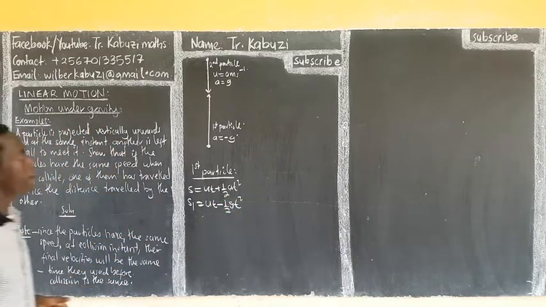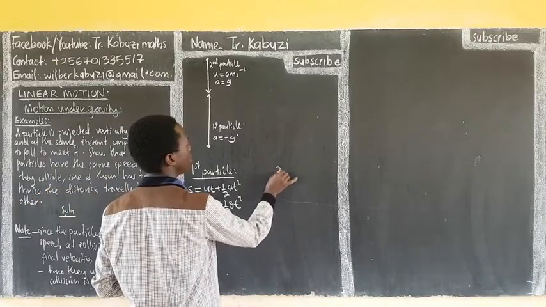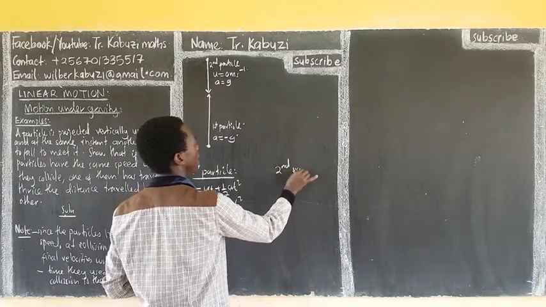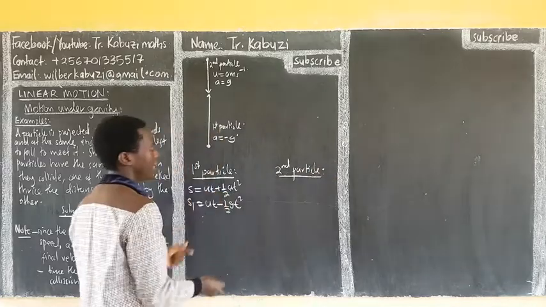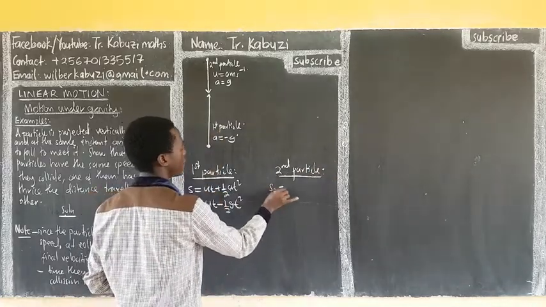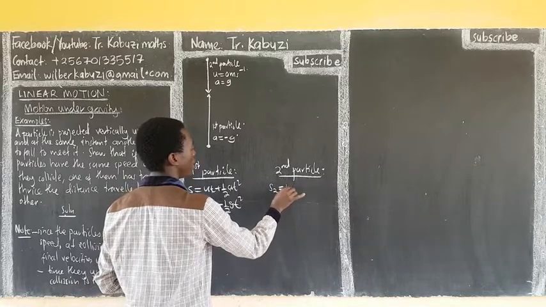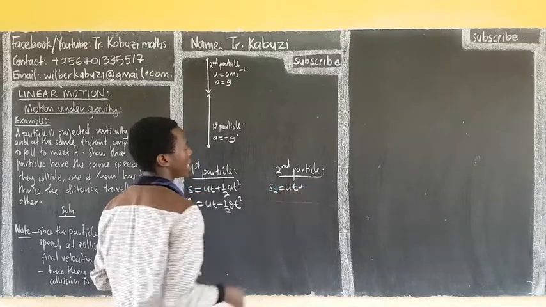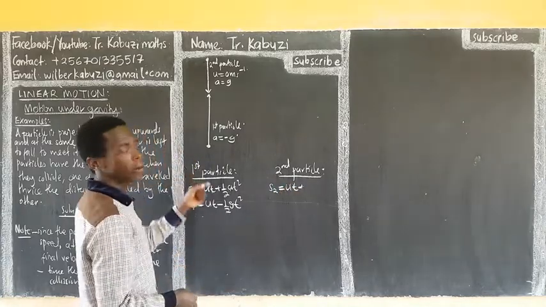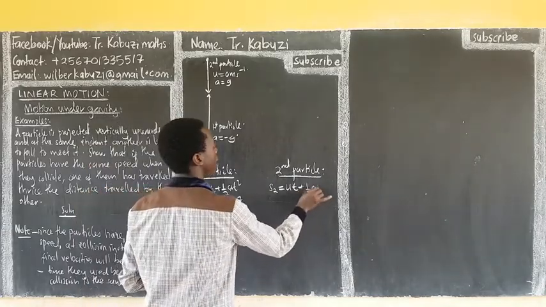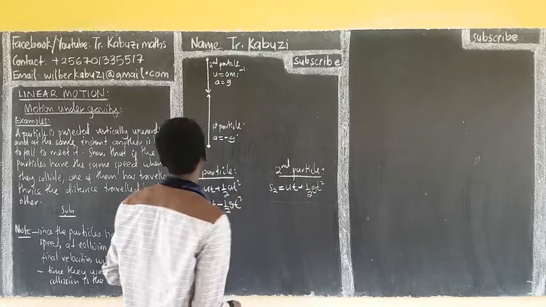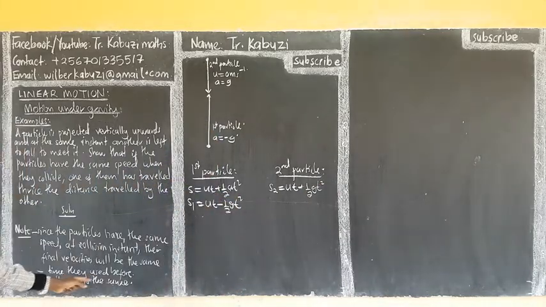Now if I come to the second particle, its s is going to be u t, with u equal to 0, plus a half g t squared. Here, the time they use before meeting is the same.